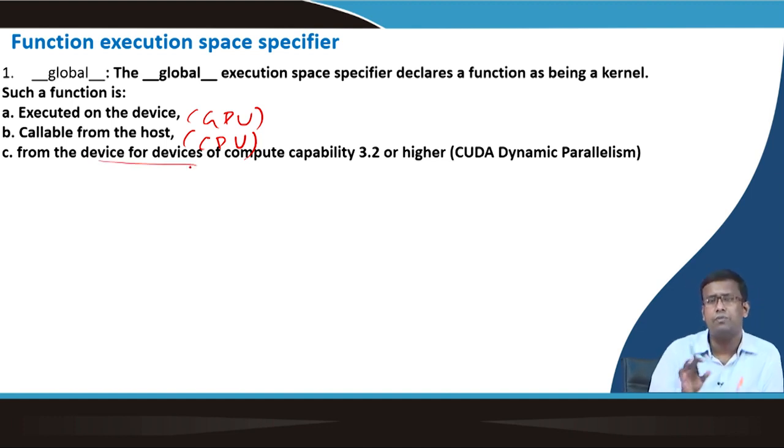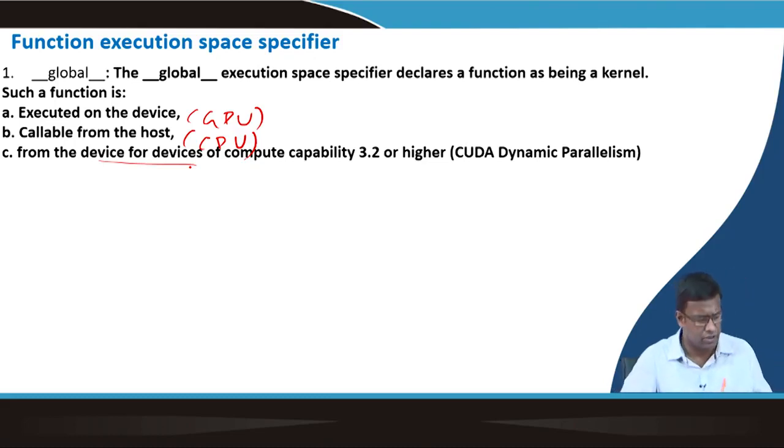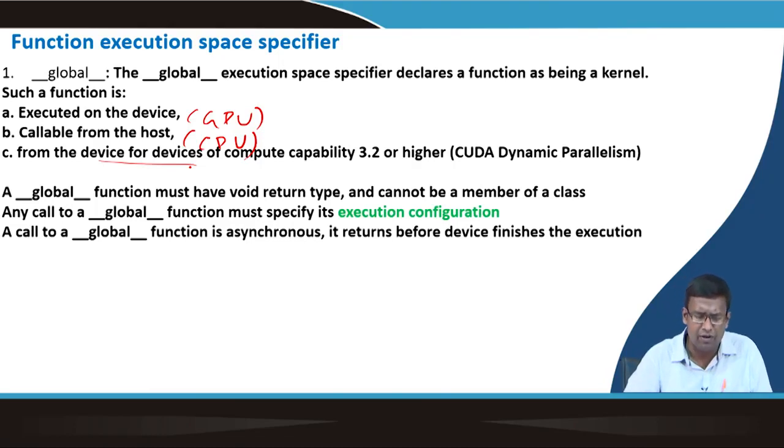So, from one device another device is asked to execute a function, and that also can have the global execution space specifier. A global function must have void return type, and we have discussed that because we cannot write data in the CPU memory directly from the GPU memory, it always has to be copied back. So, it cannot return any value to the CPU memory. It will always have a void return type.